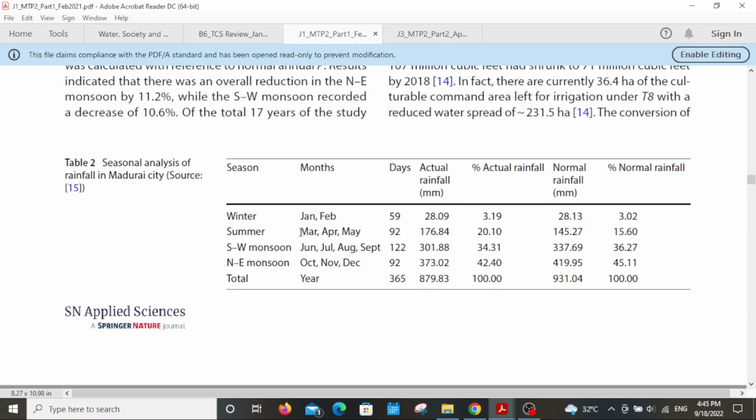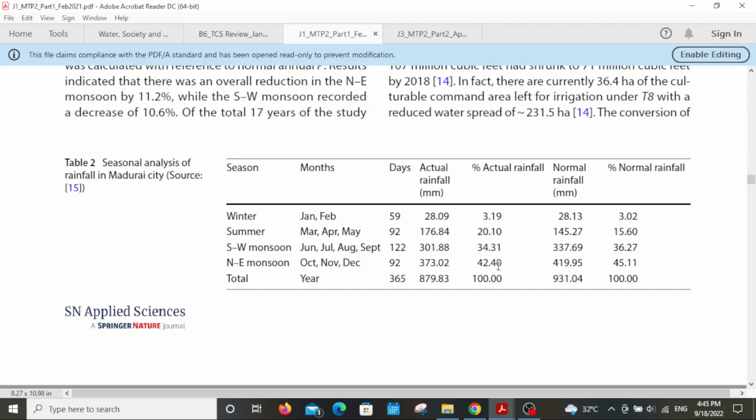Here we can see for each season how much is the actual rainfall and normal rainfall occurring. And more or less we can see here that the primary monsoon season is the northeast monsoon, because the study region is Tamil Nadu, and we all are aware that in South India, apart from the southwest monsoon, they receive additional rainfall from the retreating monsoon or northeast monsoon, which is the dominating season in the south.